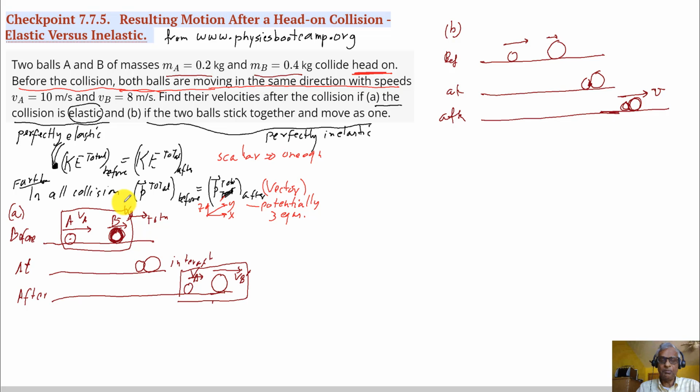Okay, because it's one dimension, we can put an x here. So in this case, we are going to have two equations: a momentum conservation and a kinetic energy conservation.